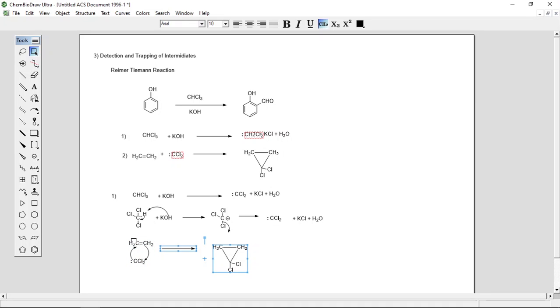This reactive compound is your ethene, so the carbene can easily react with this ethene, and you will get this product. In this way we can trap this intermediate.